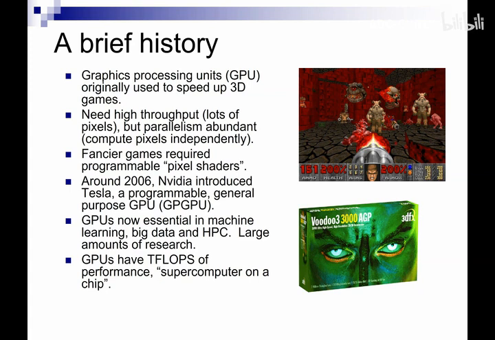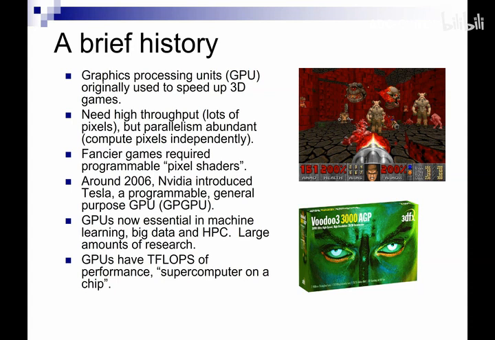Okay, and because there's so much usage of GPUs, and because they're so efficient for many problems, there's also a large amount of research on GPUs. Even today, it's an active research area. Okay, so GPUs basically have several teraflops of performance. Nowadays you can buy a GPU card which has 10 to 20 teraflops of performance on a single GPU.